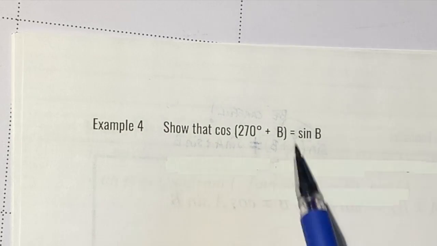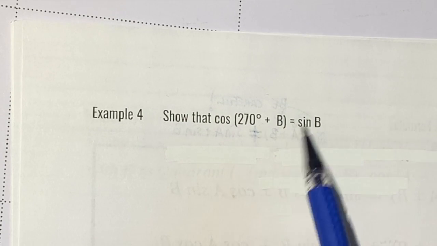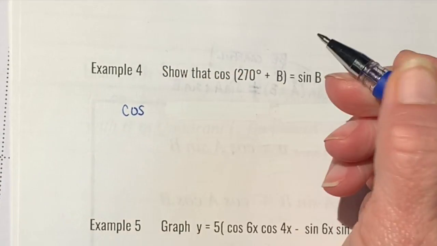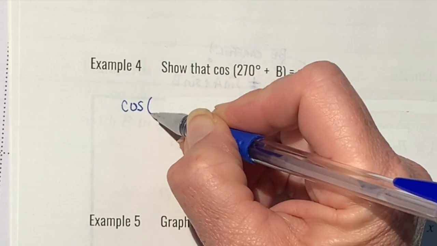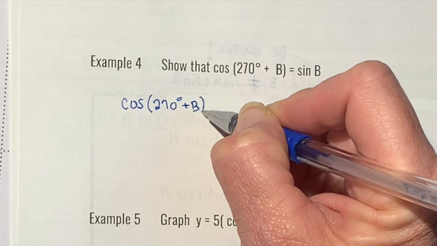Okay, moving on to example 4. Very similar to example 2, except we're doing cosine this time. We want to show that the cosine of 270 degrees plus some angle B is equal to sine of B. So this is a cosine of a sum, and I want to make sure I use the appropriate formula.